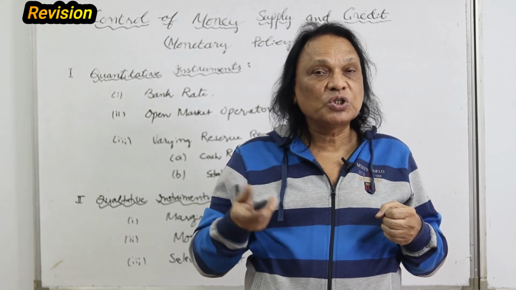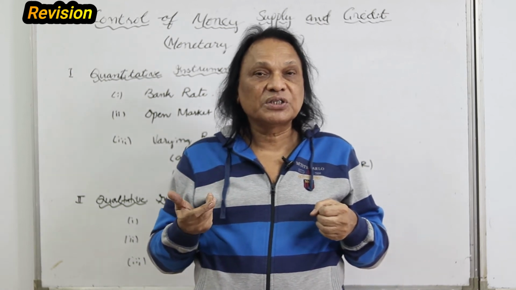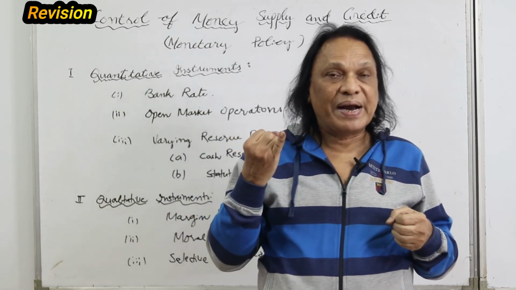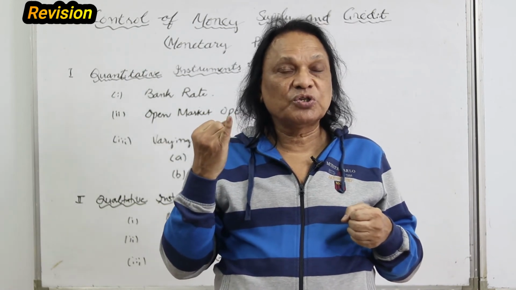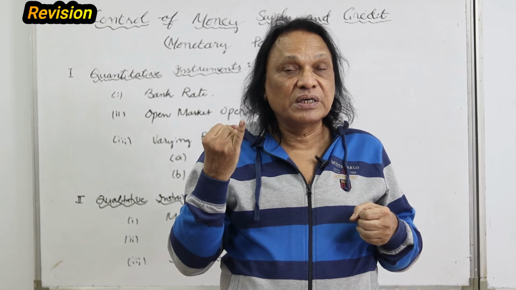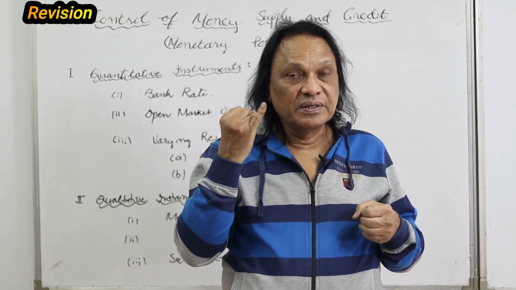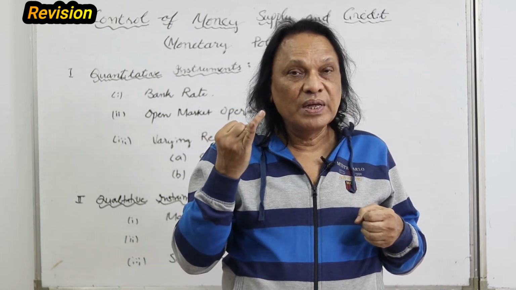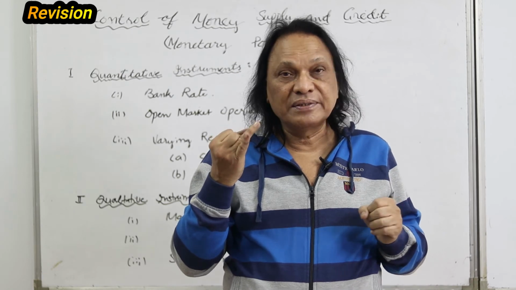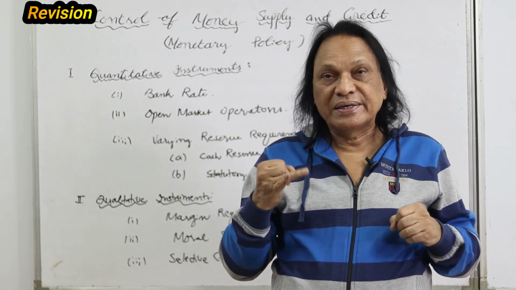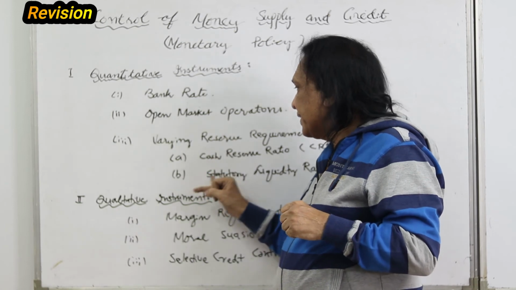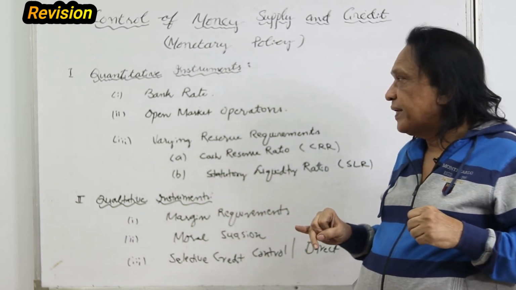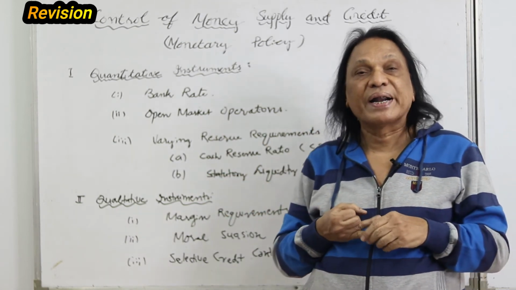Under quantitative instruments, we have 3 sub measures. One is bank rate; synonymous to this, we have repo rate, reverse repo rate and interest rate. The last one is open market operations.